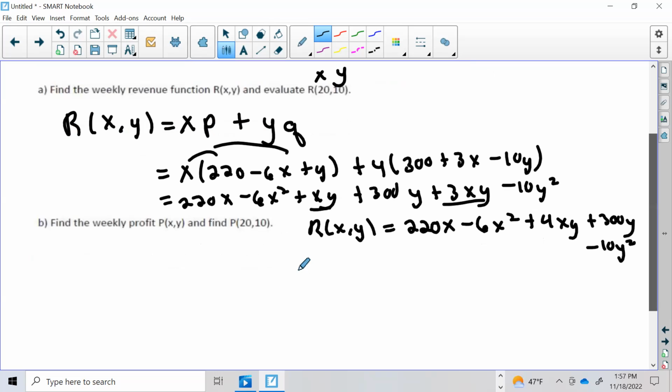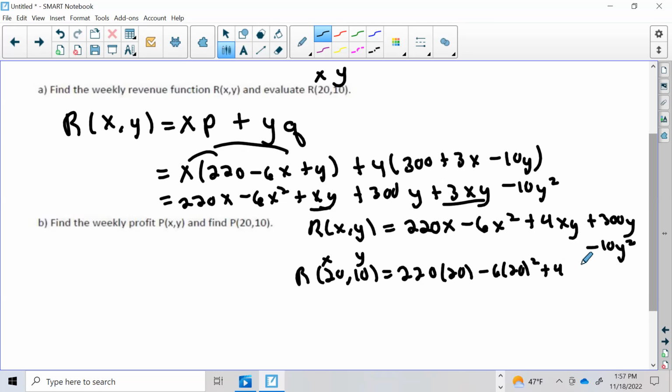Then I want to evaluate that function at 20, 10. So I'm going to plug 20 in for all my x's and 10 in for all my y's. Okay, and just make sure you're plugging it in correctly, in the right spot. So x is 20, x is 20. Here I have an x and a y, and then I have y is 10, y is 10.